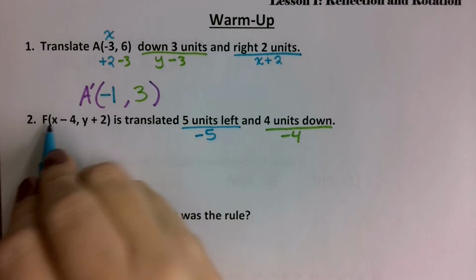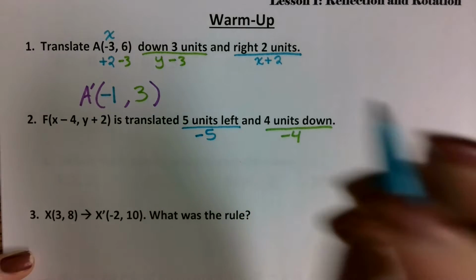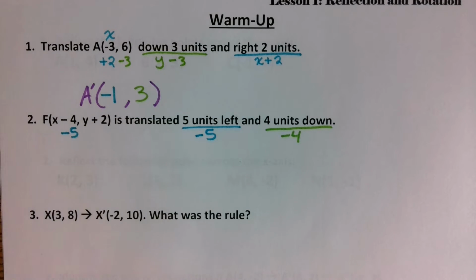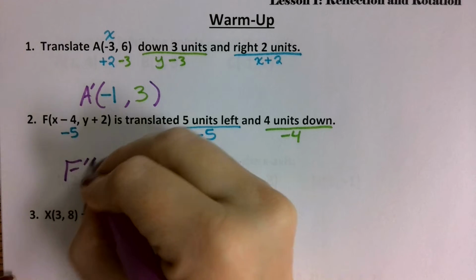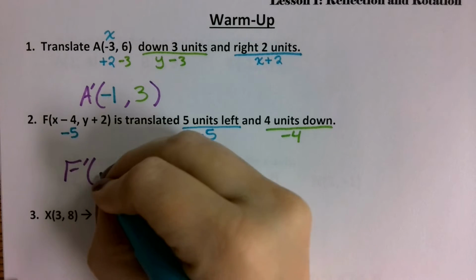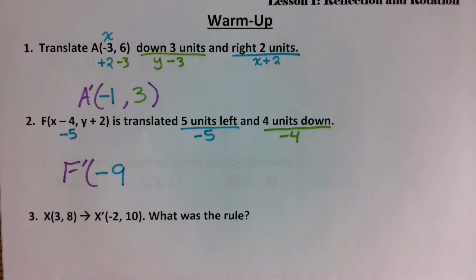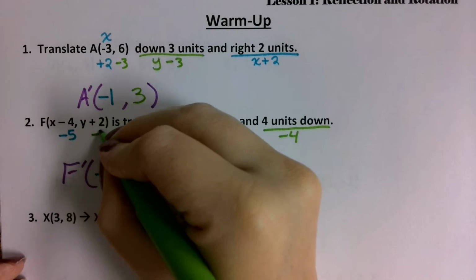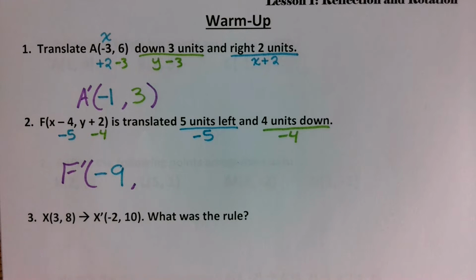So from our x coordinate, we've got a negative 4, and we're going to continue subtracting another 5 from there. So F prime is going to wind up having an x coordinate now at negative 9. And then for the y, we're going to subtract 4 away from the plus 2 that we currently have.